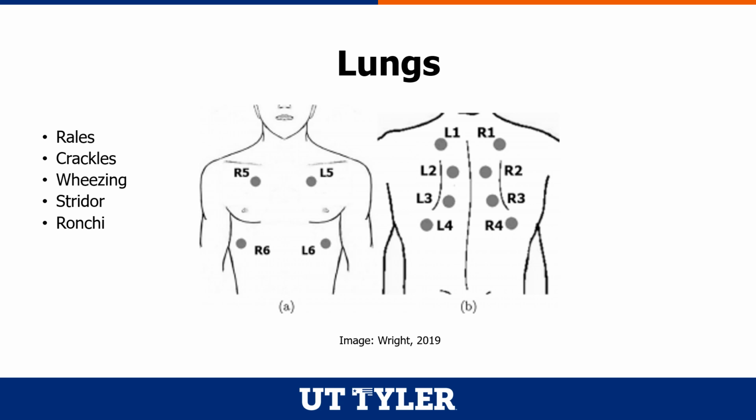And you're going to listen in all of these fields for anything unusual sounding, whether it's rales, crackles, wheezes, stridor, or rhonchi, and you'll note where you hear it, and then you can document that and pass it on for further review. Also, you're going to see if the patient has any pain with breathing. Does it take accessory muscles for them to breathe? Is it very difficult for them, or are they able to do it calmly?